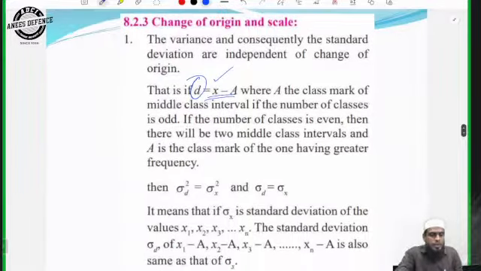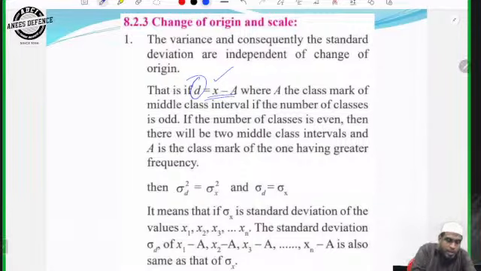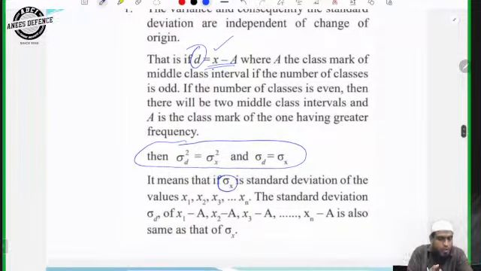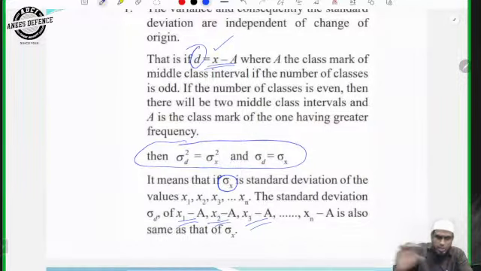So if you use change of origin, the variance and standard deviation will not change. For example, the standard deviation of x1, x2, x3, etc., xn is sigma x. And we are making a change of origin such that x1 minus a, x2 minus a, x3 minus a, for each value we are making that deviation.